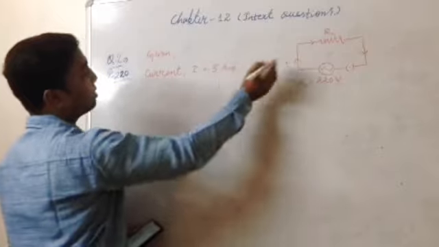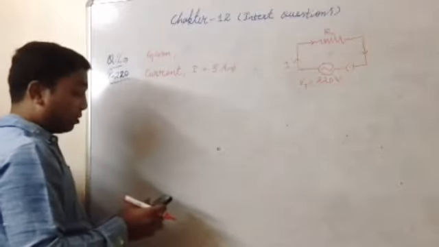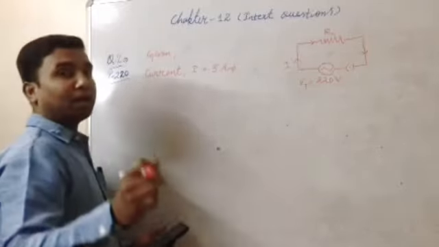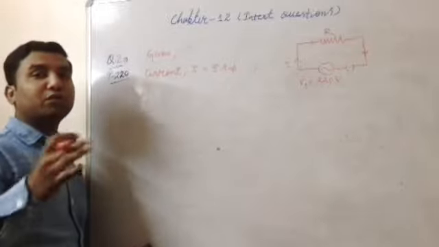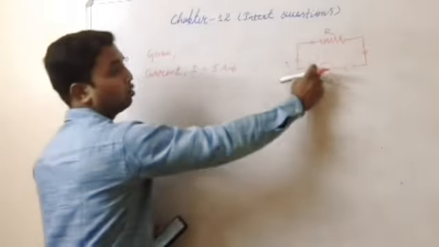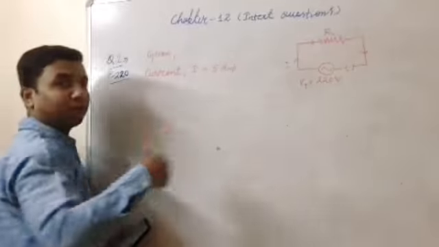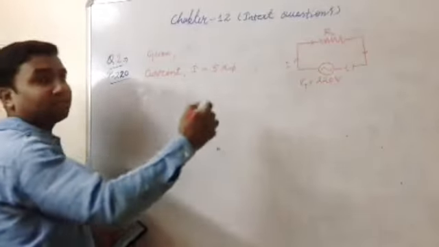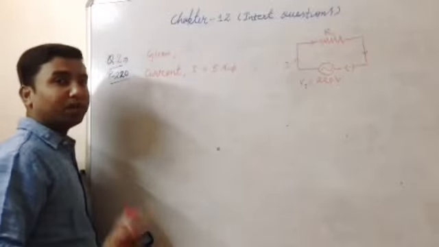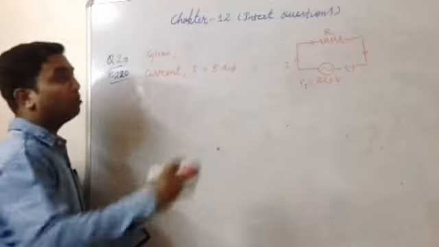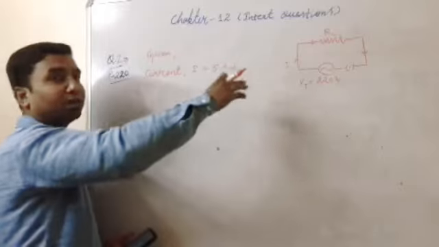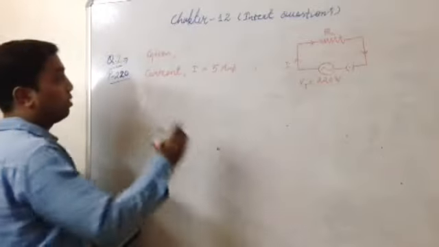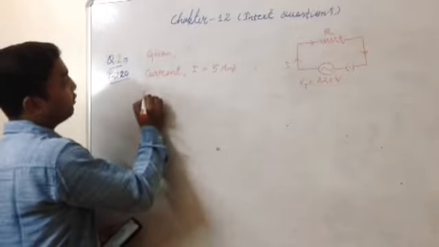Second thing, from a 220 volt line, that means the potential difference provided is 220 volt. The motor we use in our home has a supply of 220 volt. So this question is somewhat related to other domestic appliances that we are using.